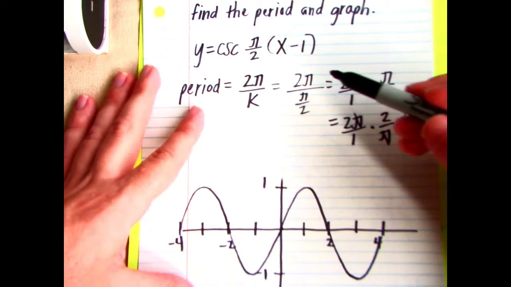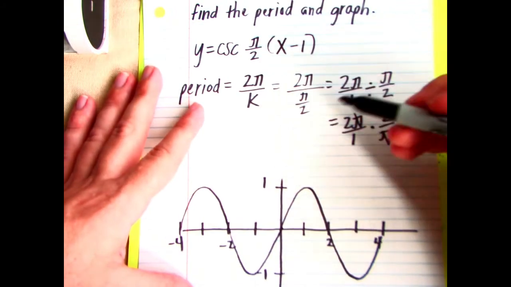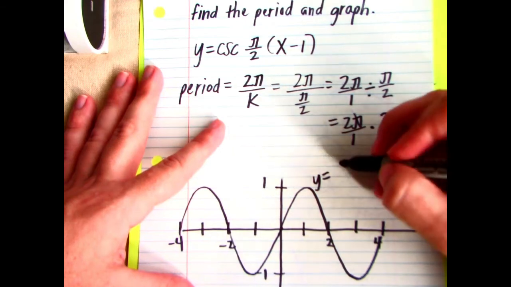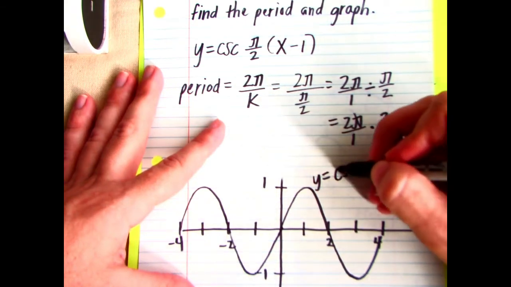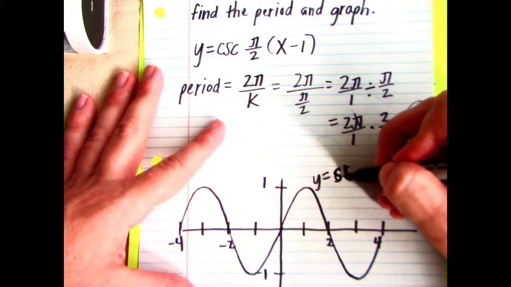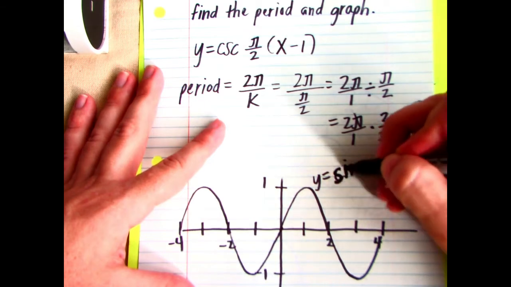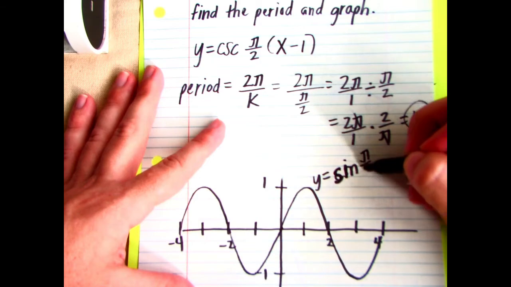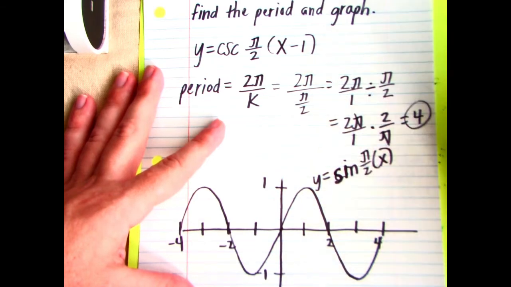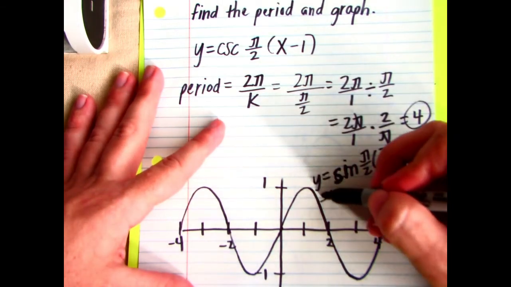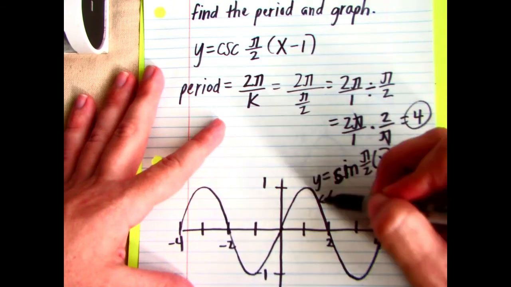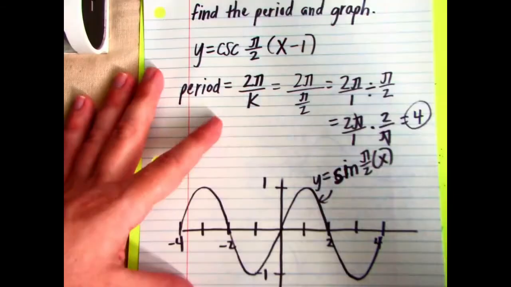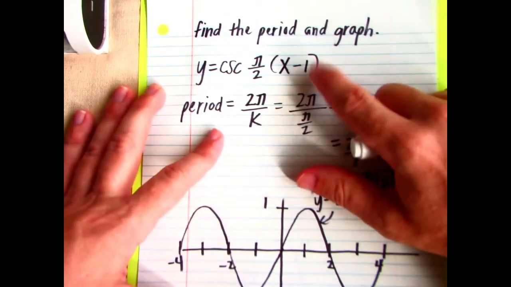So here in black is sine pi over 2x. I haven't implemented the phase shift yet. So I'm going to do this in baby steps, almost 3 parts here.